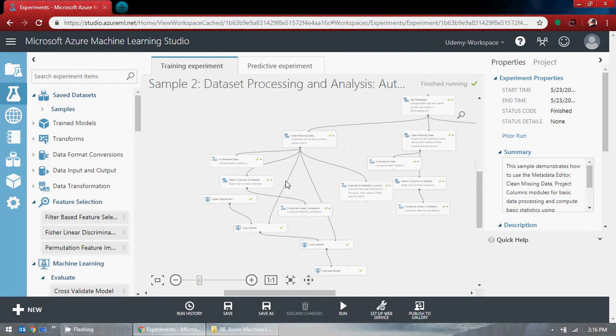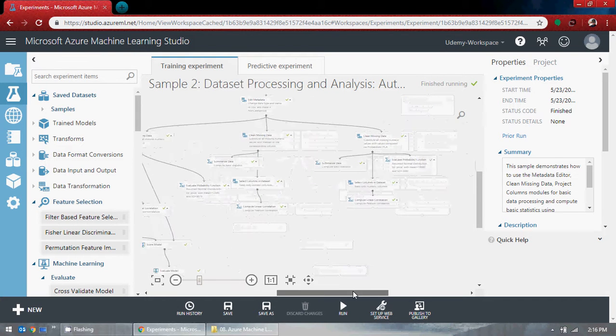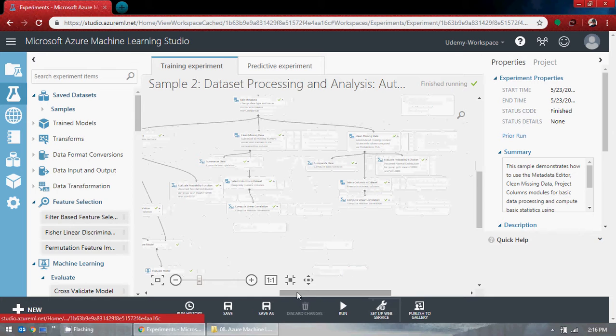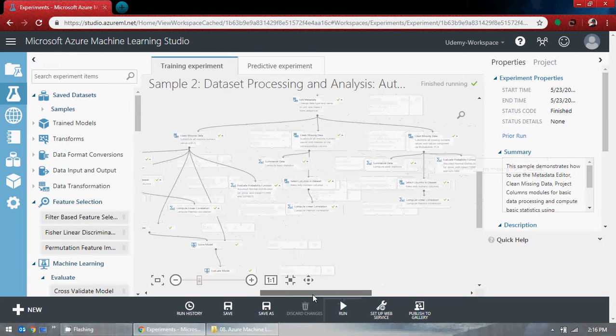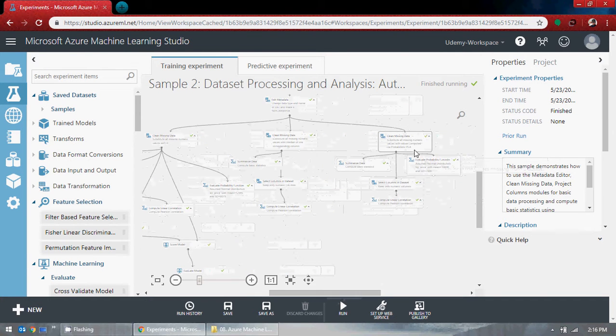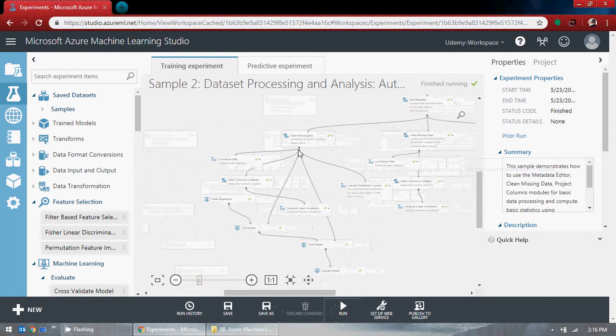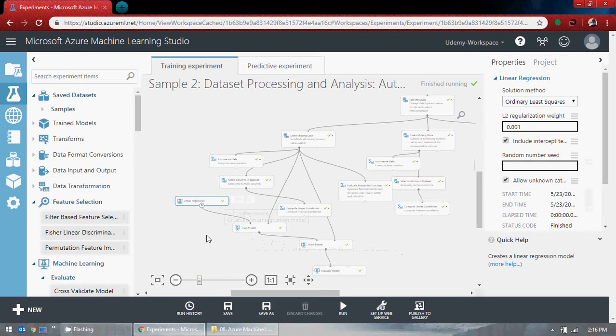They had three different types of cleaning of data. One they used substituting with zeros and removing the columns, the next they did a median thing, and the next they did probability. What I did is I just used the data to train a model using the linear regression algorithm, generated a score model, evaluated the model and saw the graph.